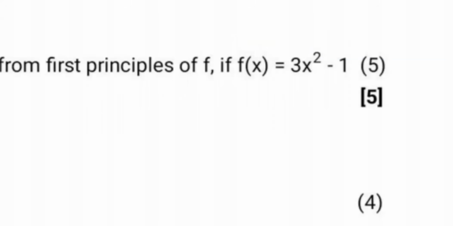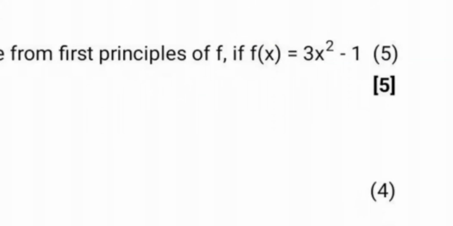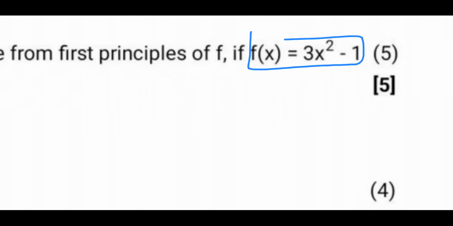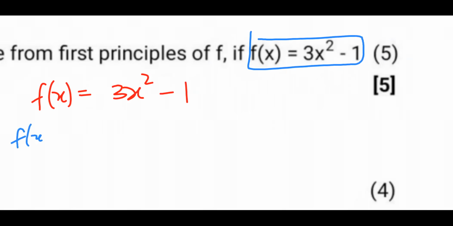Okay, so here it is. f of x is equal to 3x squared minus 1. So if we want to work out what is f of x plus h, oopsie, we can just substitute x with x plus h.